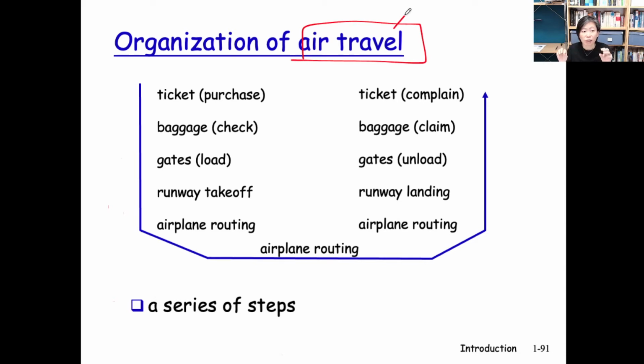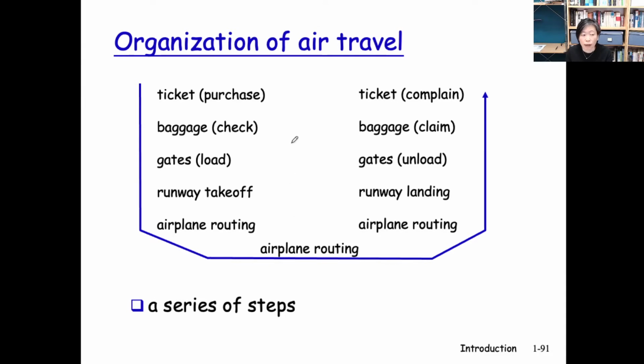Air travel to communicate people, internet to communicate data. They are somewhat similar, and therefore the architecture used by air travel is similar to the architecture used by the internet. By architecture here I meant the service model, the way the service operates.